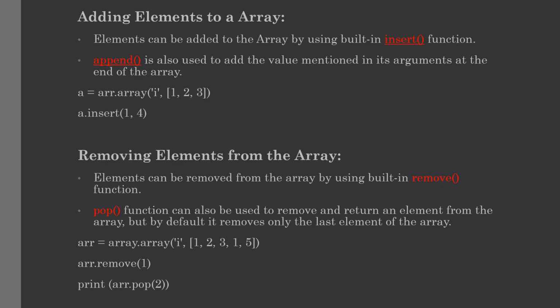Insert is used for inserting one or more data elements into the array. Based upon the requirements, a new element will be added at the beginning, end, or any given index of an array. The append function is used to add the value mentioned in its arguments at the end of the array.